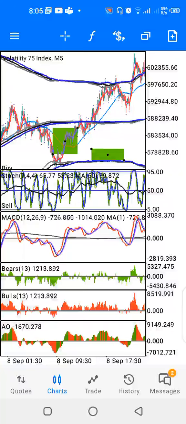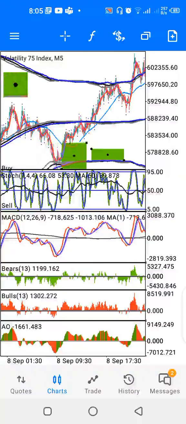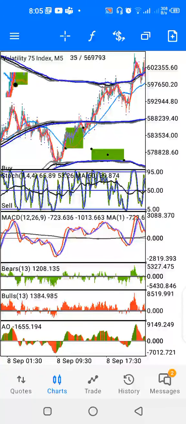Price touching the support, which is the lower Bollinger Bands, indicates that we might have a swing high, but the actual confirmation is where price crosses above the blue lines.